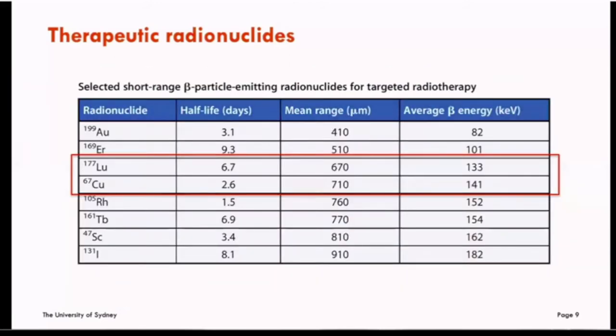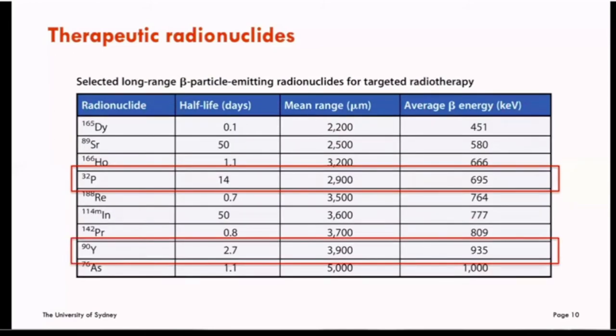Here is a list of short-range beta minus particle emitters for targeted radionuclide therapy, and lutetium and copper are the most commonly used isotopes for targeted radionuclide therapy.